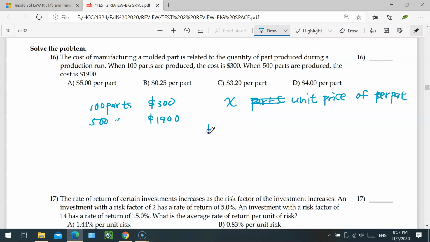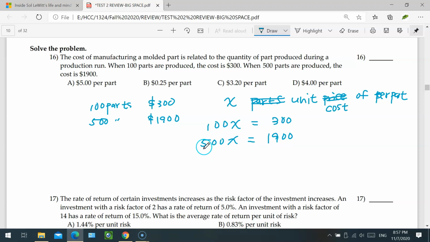So that means 100 parts multiplied with the unit price would be the cost. So x represents the unit cost per part. When they produce the 100 parts, the cost would be 100x equal 300. When they produce the 500 parts, multiply with the cost of each part, the cost would be 1900.